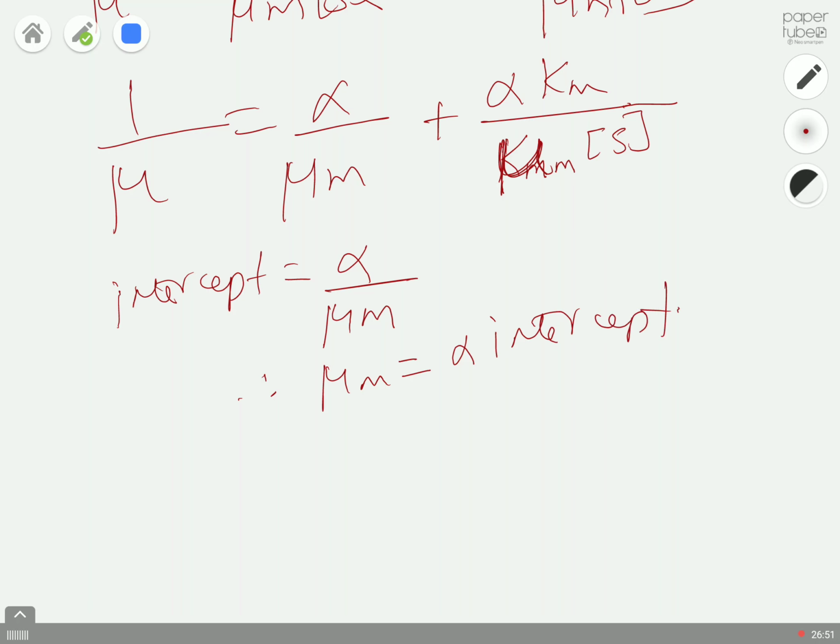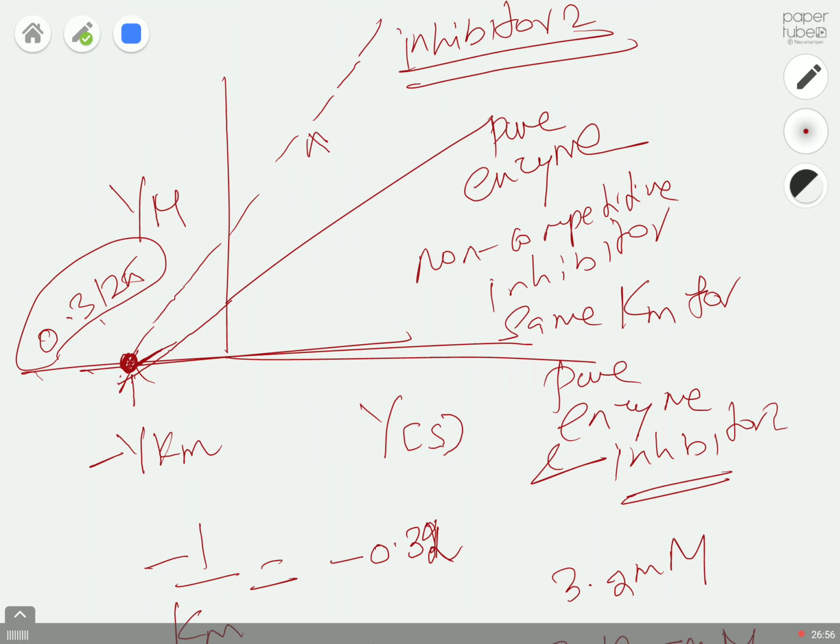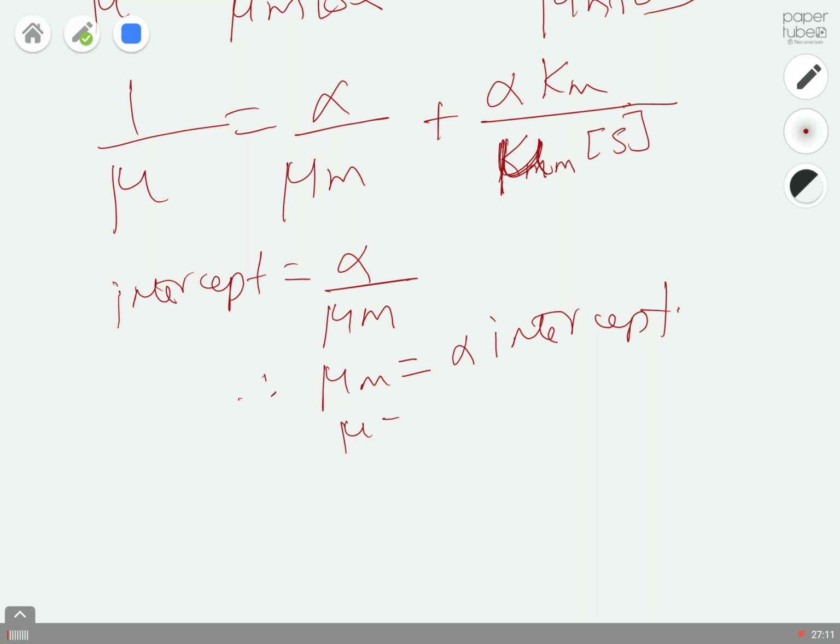intercept. So I already calculated for inhibitor 2, the expression is 0.1372 x plus 0.0438. So which means your mu m will be equal to, your intercept value is 0.0438.